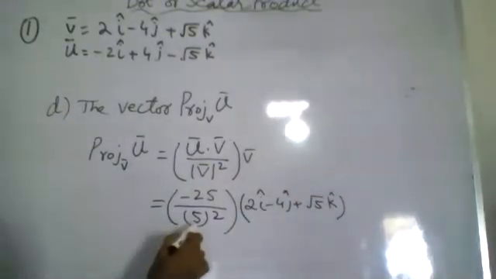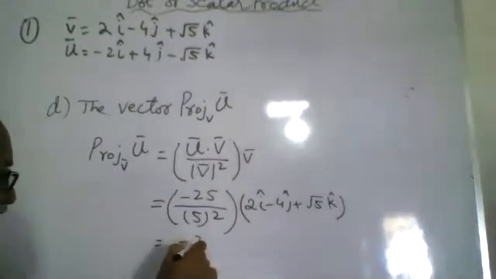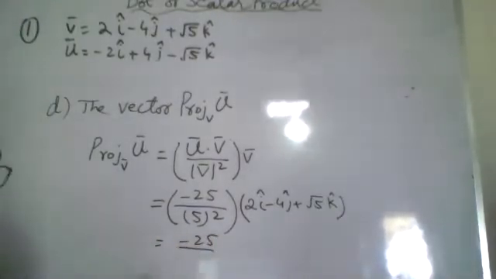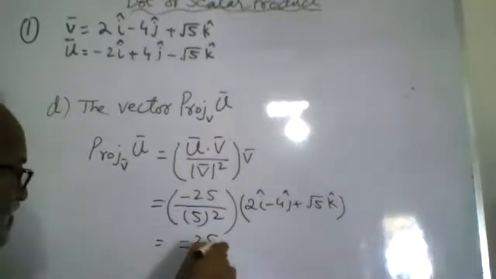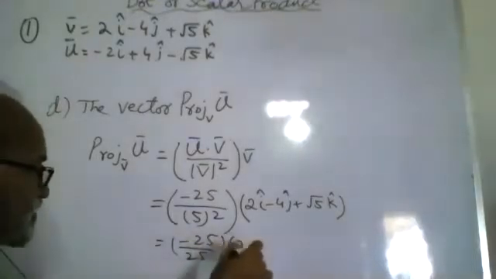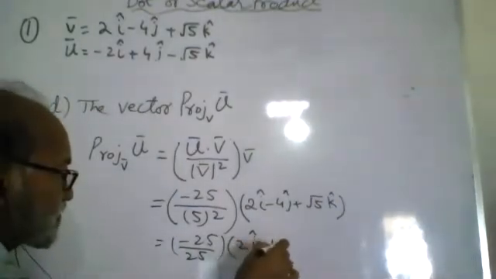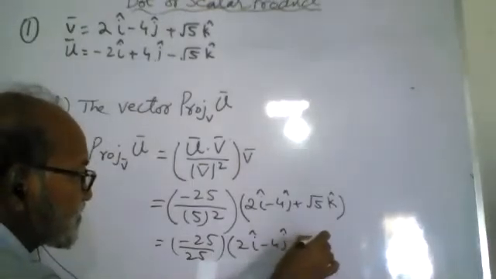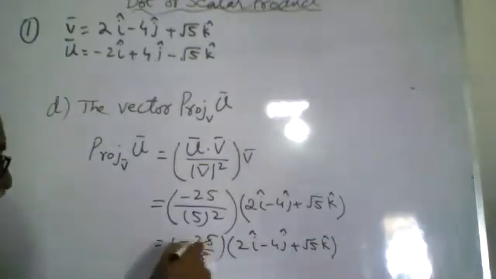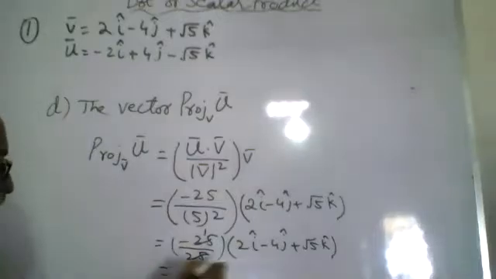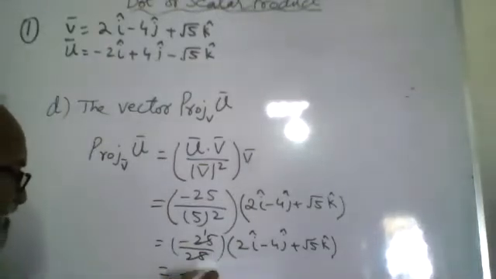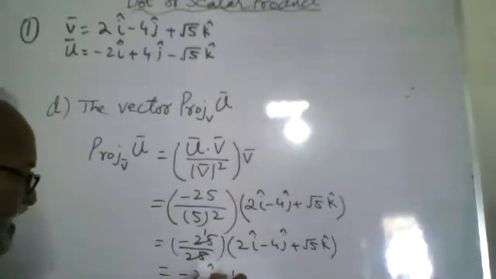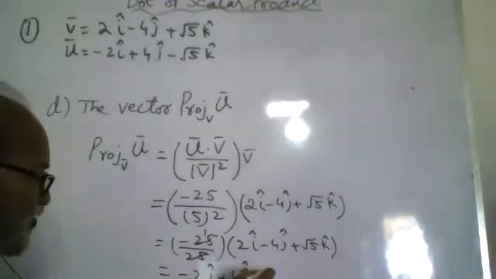So this is 25 upon 25, this is minus 1. Minus 1 is multiplied by that one, which will be minus 2i plus 4j minus root 5k.